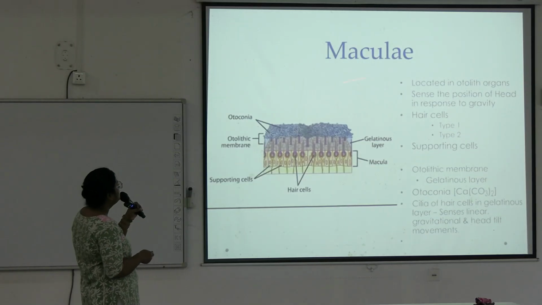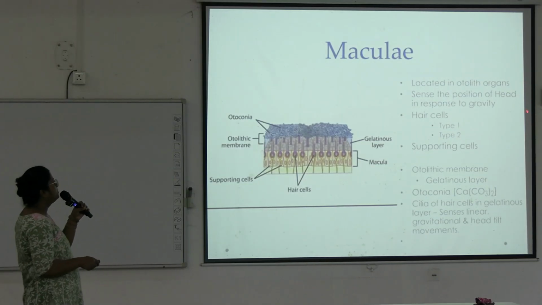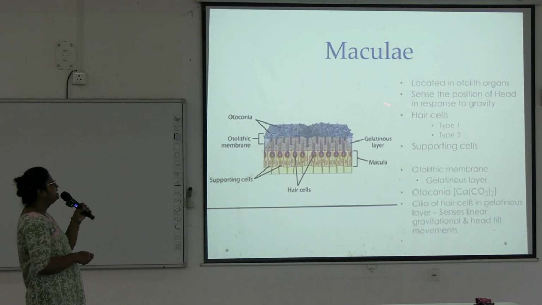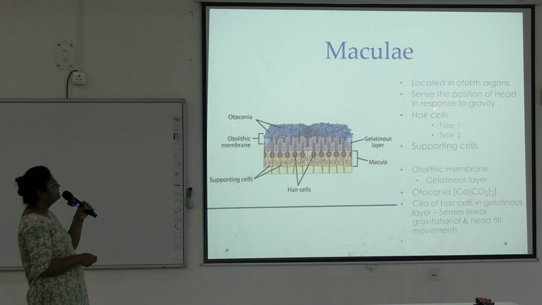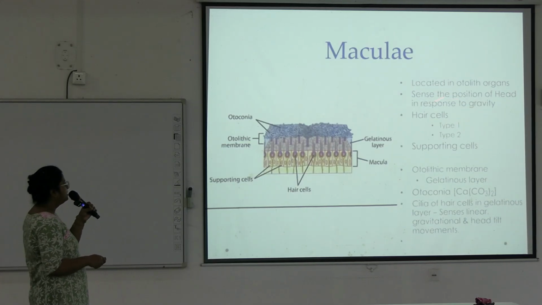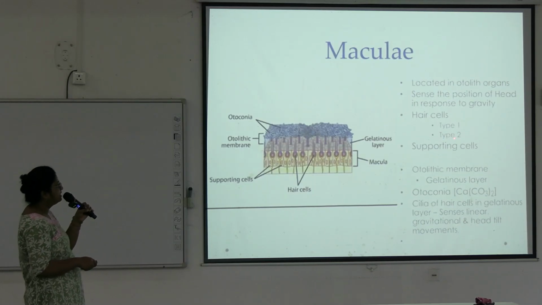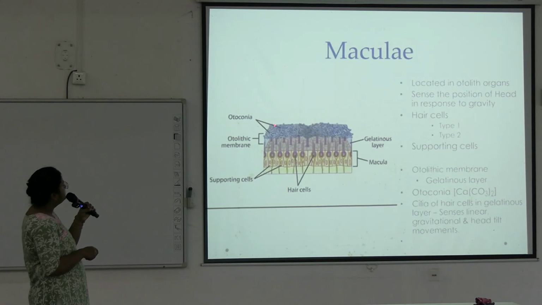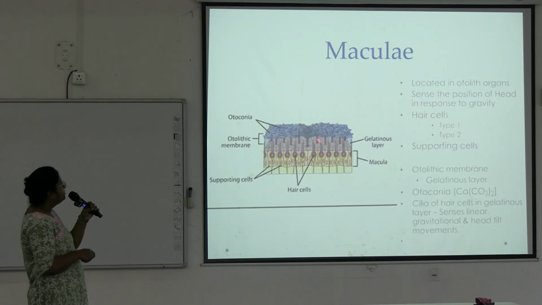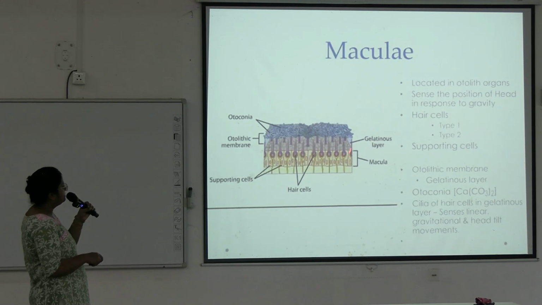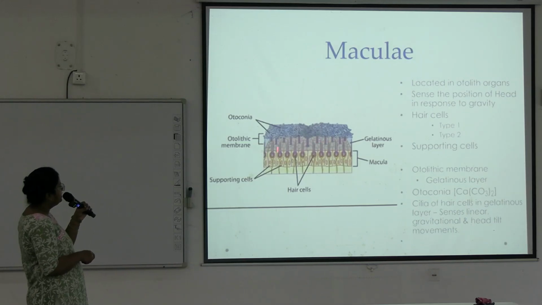Next we are going to macula. Macula is located in otolith organs, and senses the position of the head in response to gravity. Here also two types of hair cells are there, type 1 and type 2, and there are also supporting cells. And the otolithic membrane is present here. See, these are the otoconia which are lying over a gelatinous layer, and these are the hair cells and their cilia are embedded within this gelatinous layer.